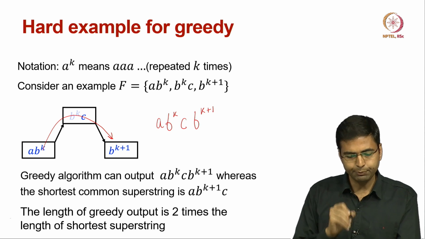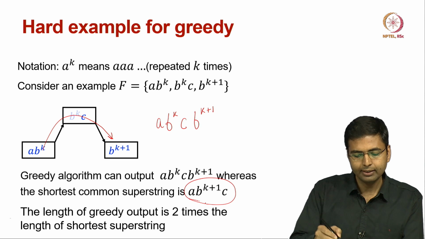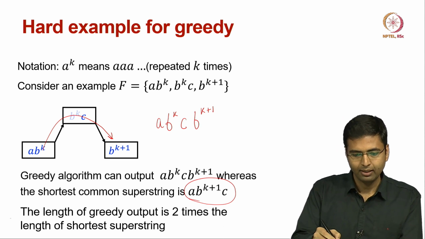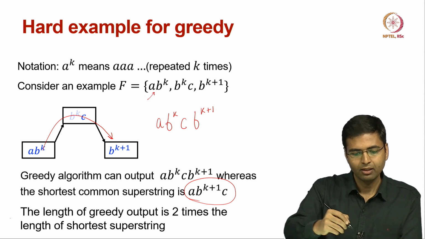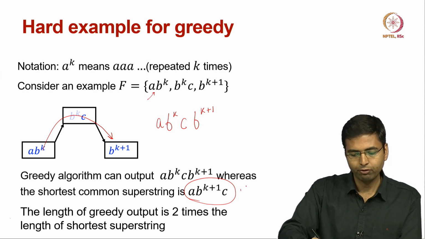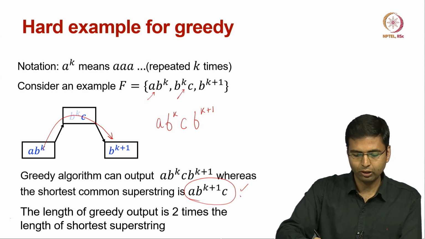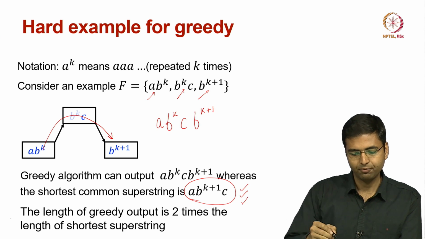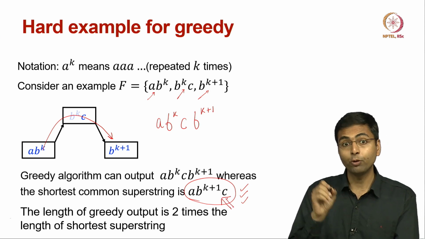However, for this particular example, the shortest common superstring is A B raised to power k plus 1 C. You can verify that the first string is a substring of this, the second string is also a substring of this, and the third string is also a substring of this, and this is shorter than the output of greedy algorithm.